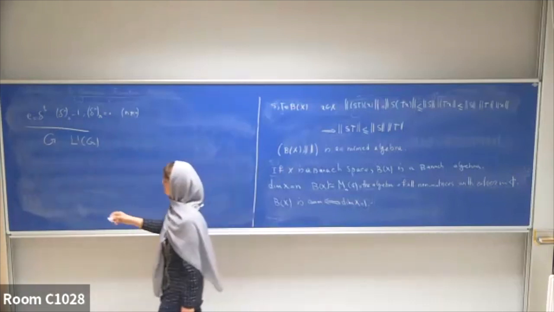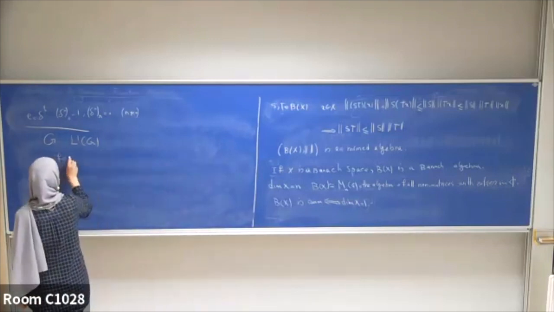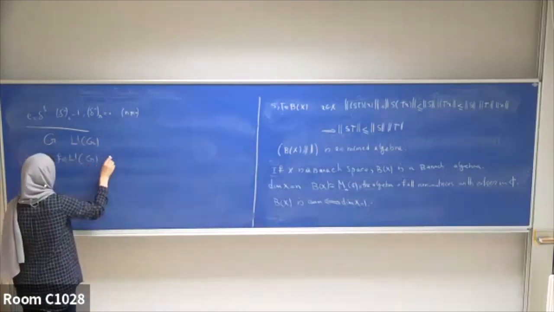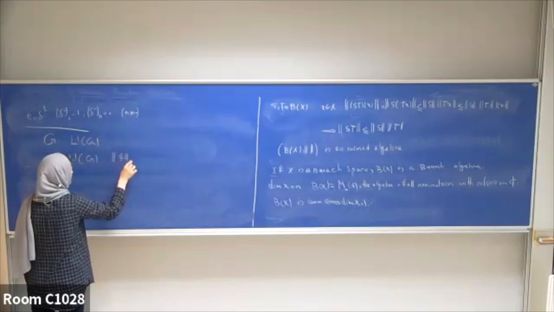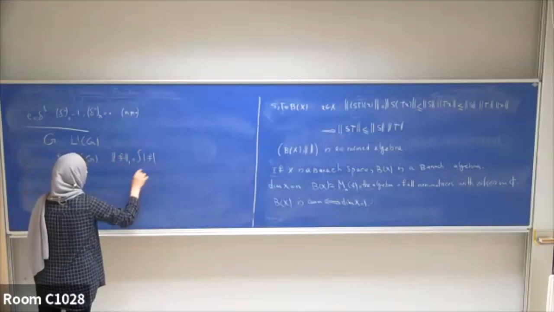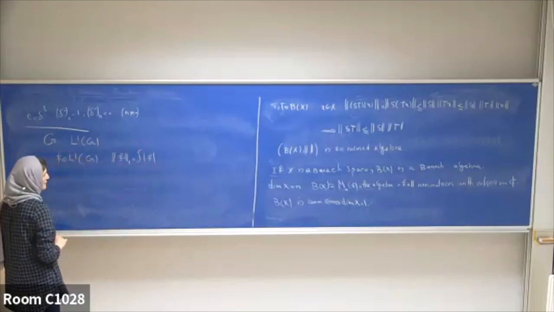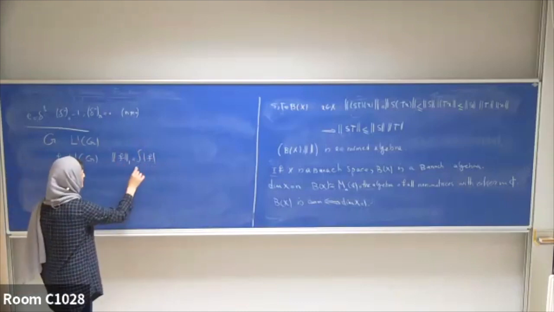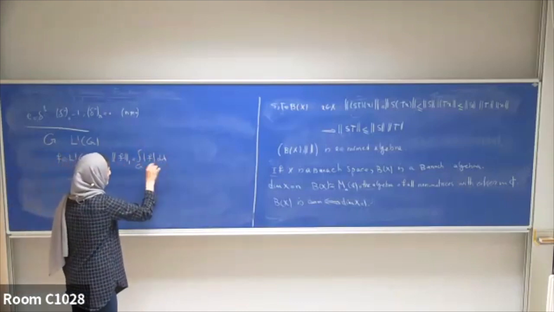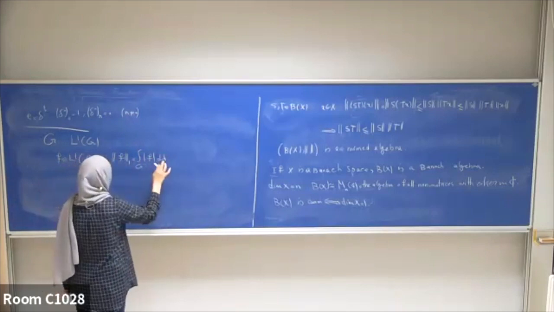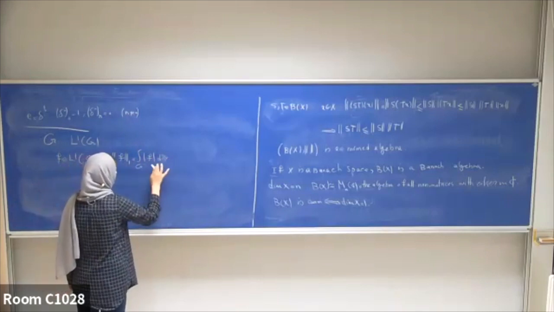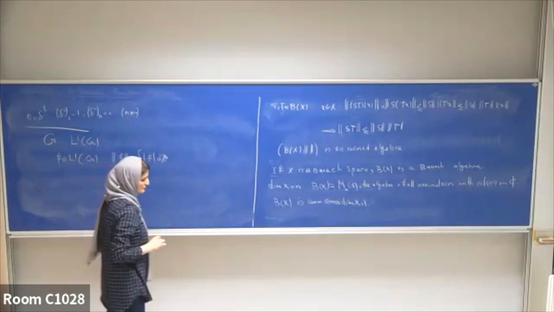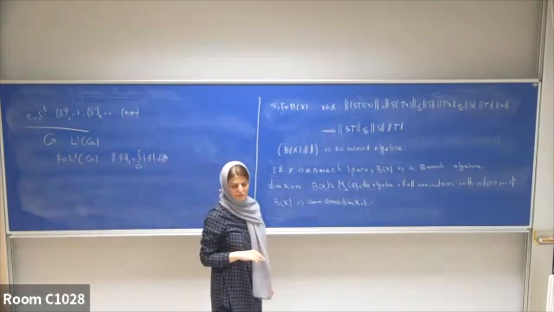We say, for example, F here, norm 1 is the integral of the absolute value of F on G with respect to the Haar measure, for example lambda or mu.